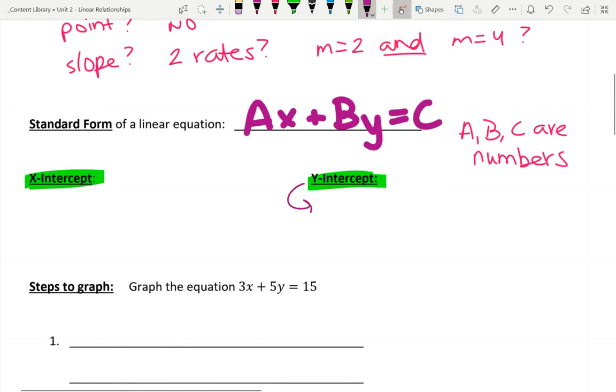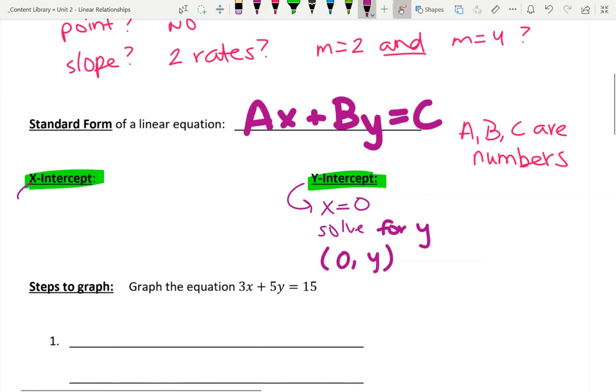We know from all of our conversations last week that the y-intercept occurs where x is equal to 0. So we set x equal to 0, then we solve for y. And then we get a coordinate point that looks like 0 and some y value.